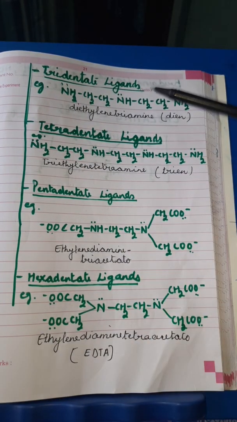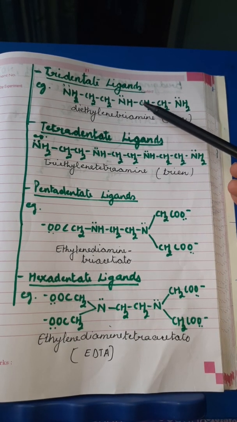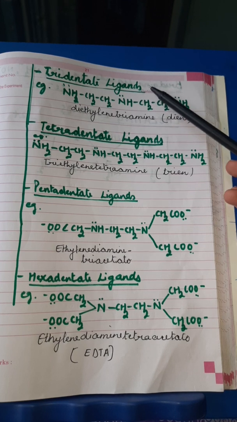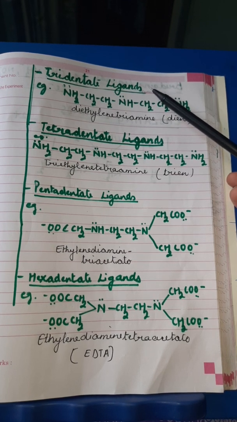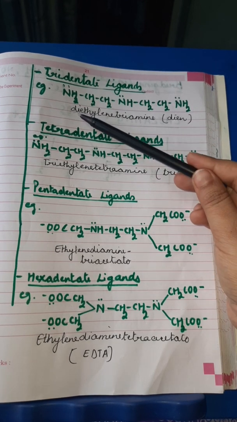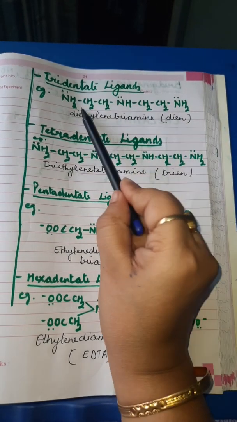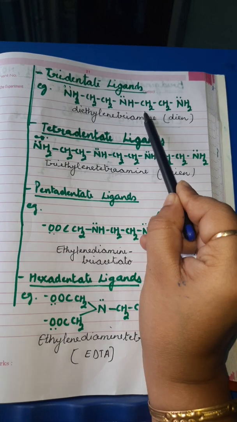Now, the third way of the same classification is tridentate ligands. Tridentate ligand means the kind of ligand in which one ligand will have 3 donor atoms. The best example to understand is diethylene triamine. Diethylene, one is this and one is this.